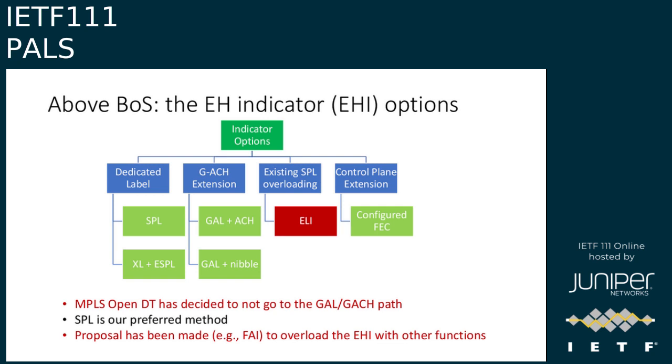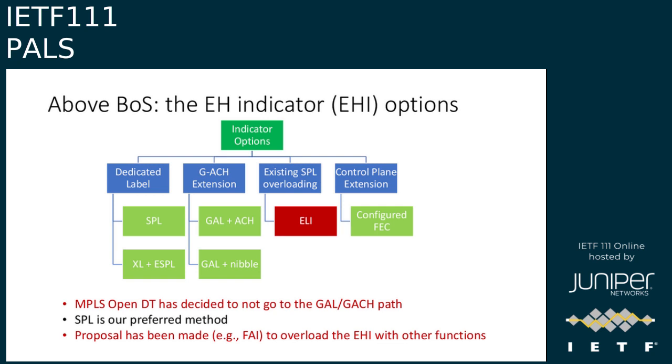The second set of solutions is to extend the generic ACH mechanism, like use a GIL to indicate extension header, and maybe have some special encoding to put the extension header in the ACH. And the third kind of solution is to overload new semantics onto some existing special purpose labels. For example, we can put it into the entropy label indicator.